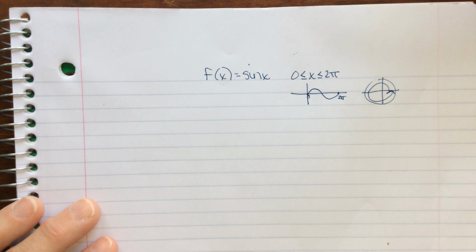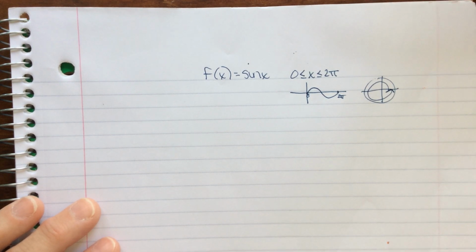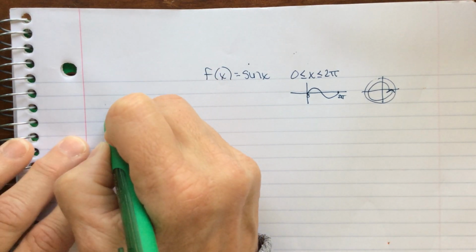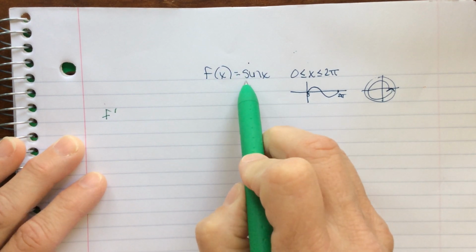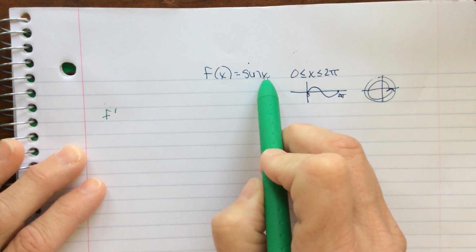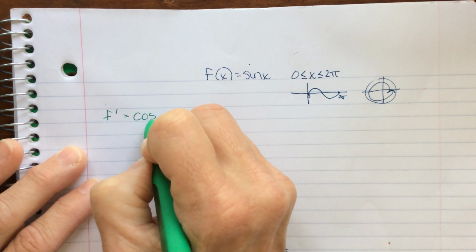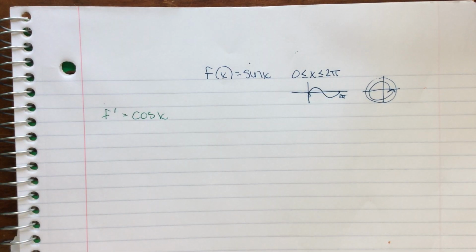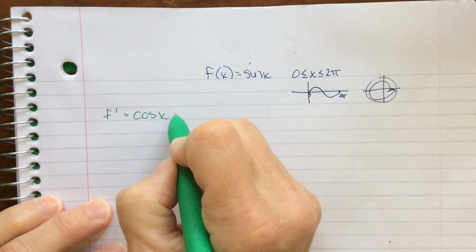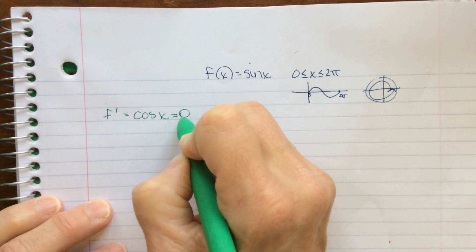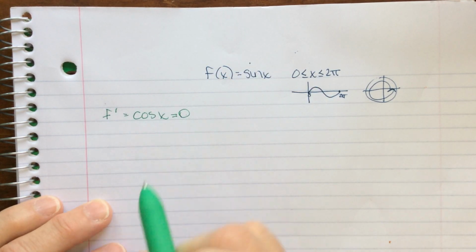We need to start just like we did before. Let's find the derivative. All right, what is the derivative of sine of x? Well, the derivative of sine, remember, is simply cosine of x. What did we do once we had the derivative? We wanted to find the critical values, so set the derivative equal to 0.